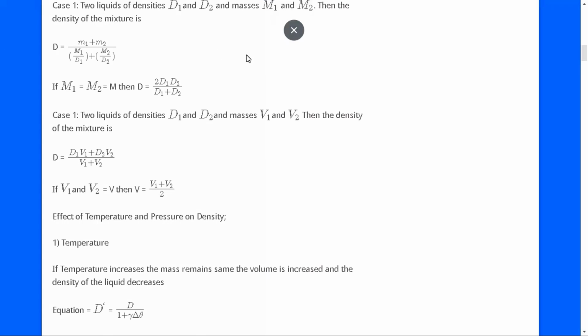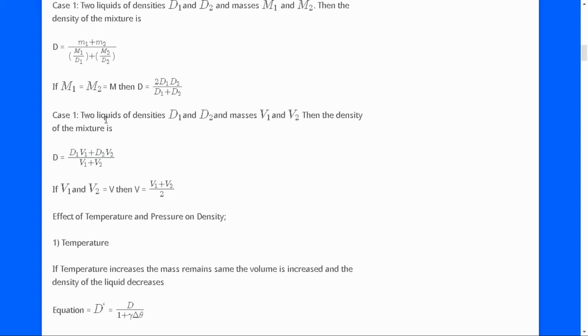In place of volume, volume is equal to mass by density. So V1 is equal to M1 by D1 and V2 is equal to M2 by D2. This is the formula. Suppose two liquids having the same masses are mixed with different densities, then the final density will be 2 D1 D2 by D1 plus D2.